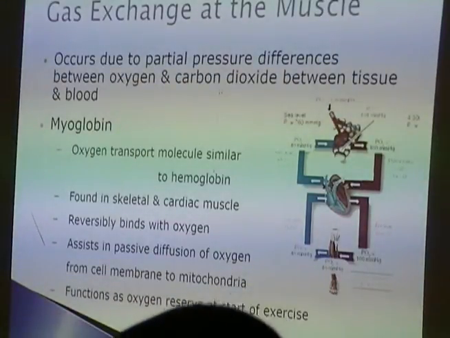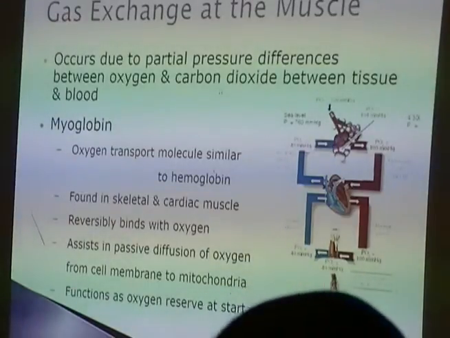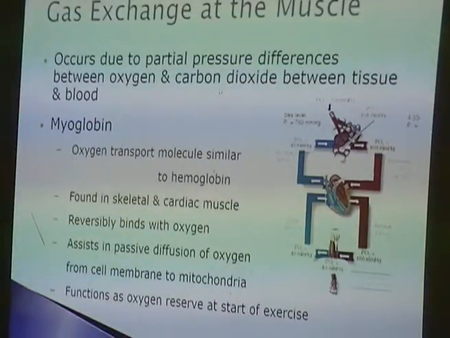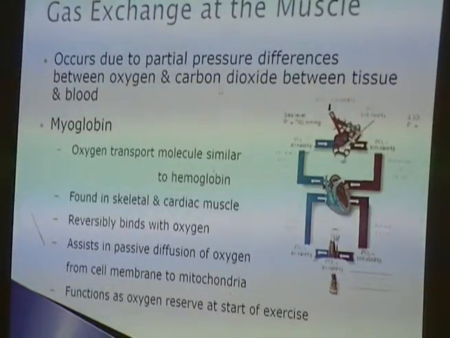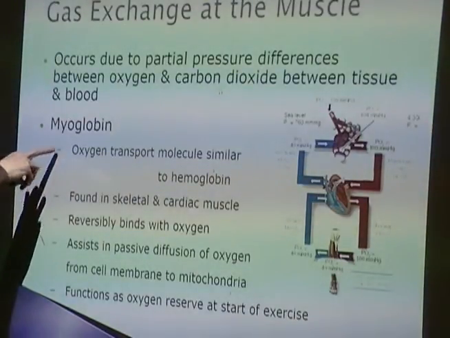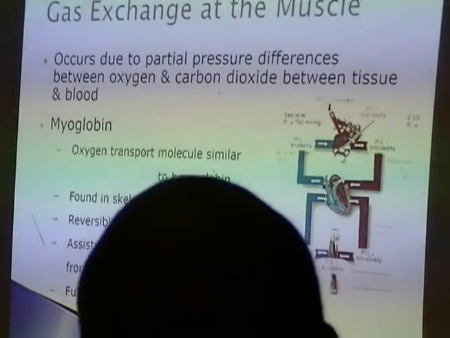The mitochondria might not be sitting right by the wall of the muscle cell where the blood is and the oxygen is coming in. So I've got to get the oxygen across the muscle cell to the mitochondria. We use another little taxi called myoglobin. Hemoglobin is the taxi in the blood.